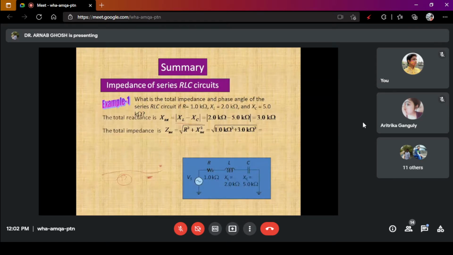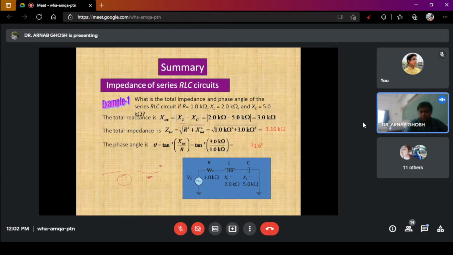So as I was saying, when you are asked to draw the phasor for such a circuit, you can draw this accordingly. You see Xc is greater than XL. So when you are drawing this, this is your VR, this is your I, right? First draw VL normally, and this is VC.